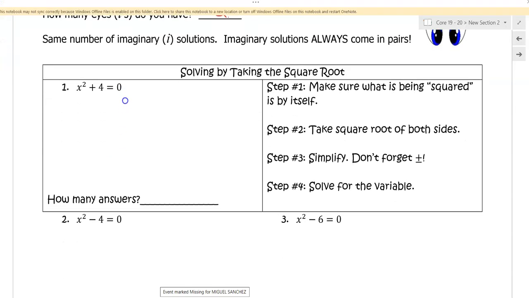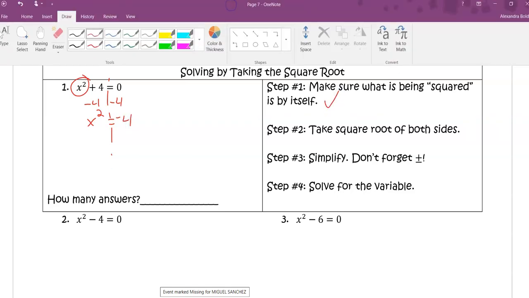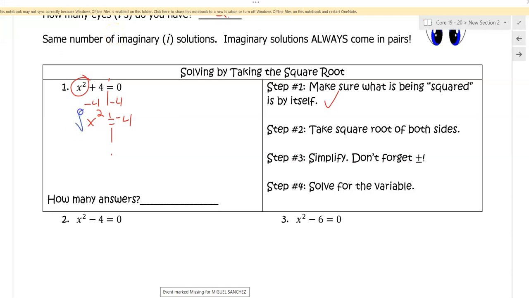So let's look at our steps. Make sure what is being squared is by itself. In this case, x is being squared. It is currently not by itself, so I'm going to subtract 4. Check. Take the square root of both sides.